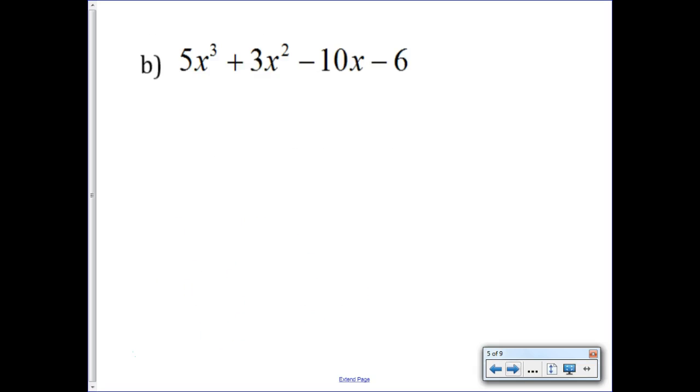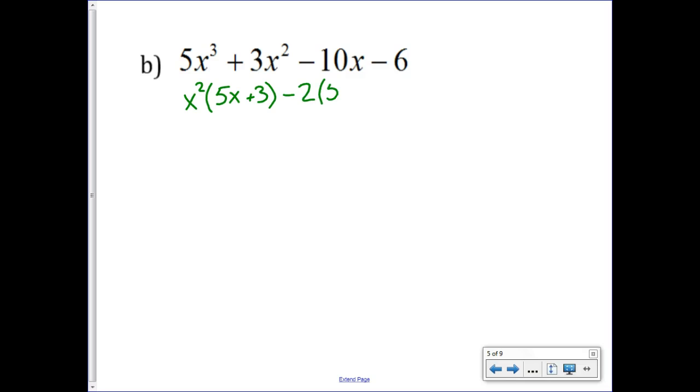All right, let's try another one of those. So we're looking at the first two terms. 5x cubed plus 3x squared, I have an x squared. And then I have 5x plus 3 left over. 10x minus 6, they both have a minus, so I'm going to go ahead and take out that negative. It looks like they're both divisible by 2, so I'm going to take out a 2.